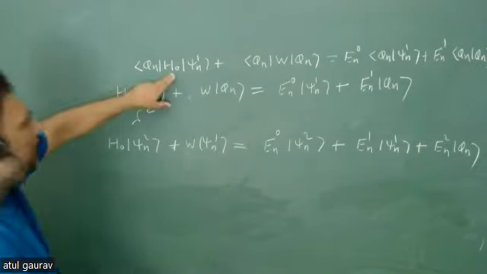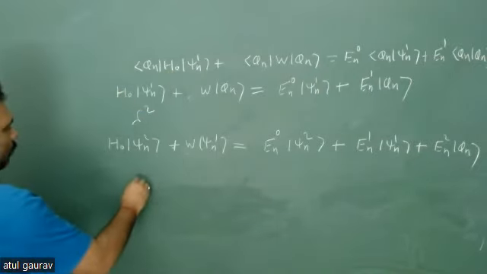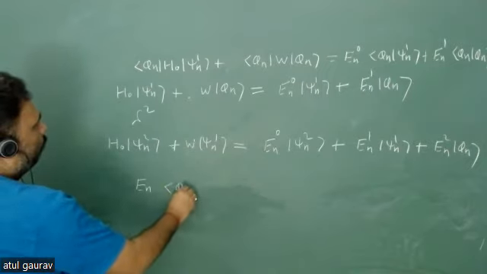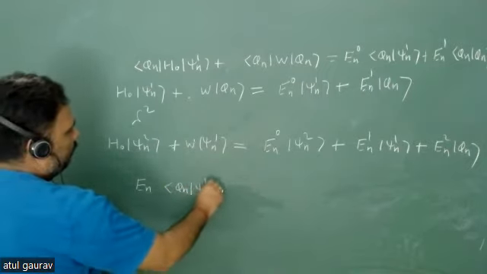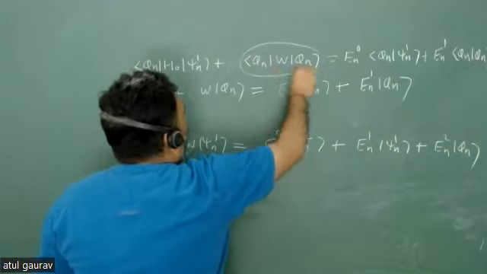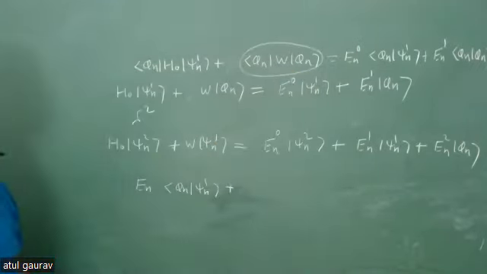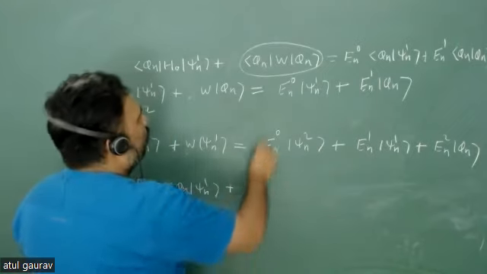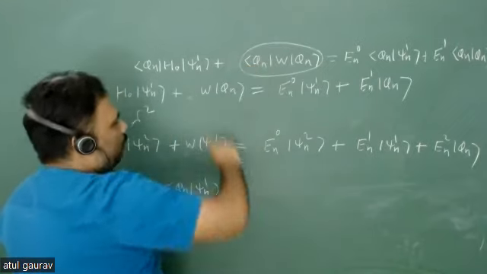So obviously H naught will operate on this one. You will get En0 phi n psi n1 plus what is this particular term? Phi n W phi n. Sir, this is the average value of the perturbed term on the eigenstate phi n.